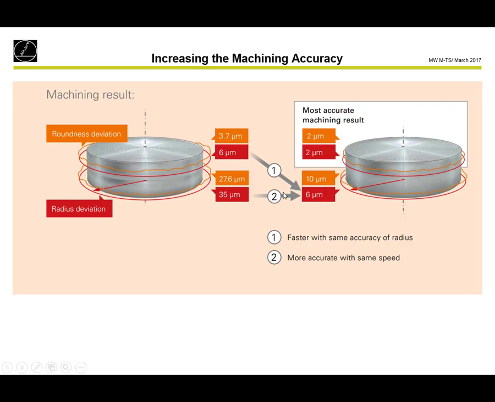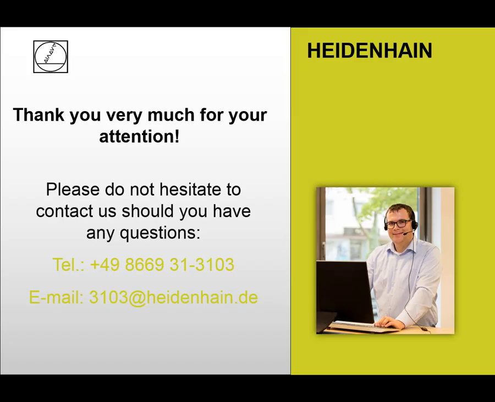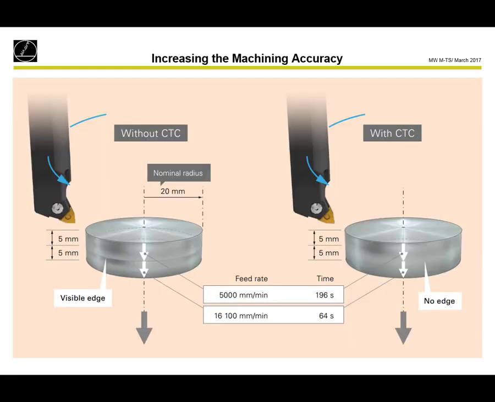If we do the same with CTC active on the right side, then the radius deviation is the same as without CTC with 5000, and the roundness deviation is also in tolerance, but we have a better cutting time, because the cutting time from before, you can see here, was 64 seconds.